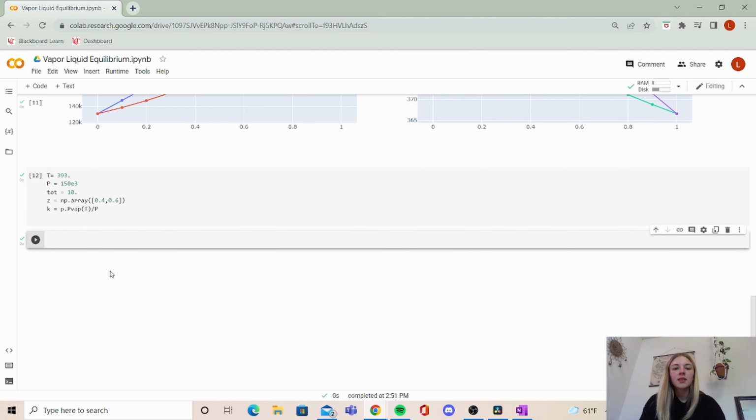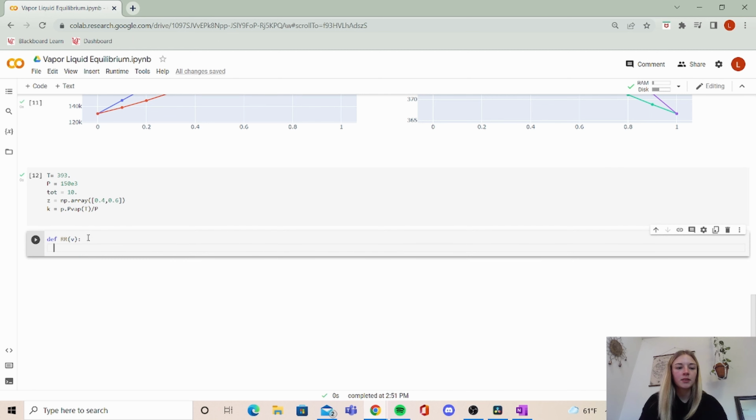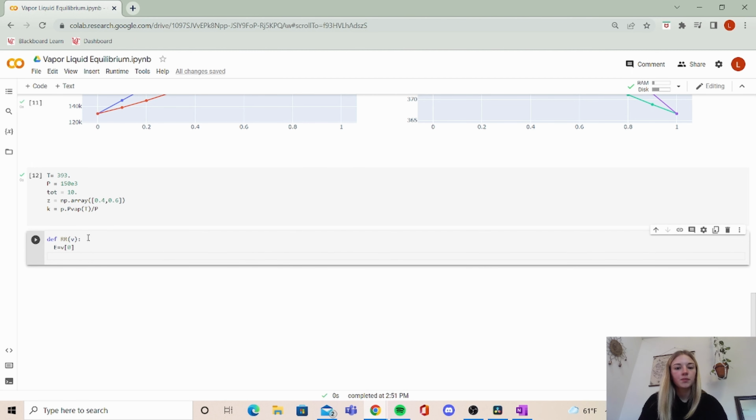Okay, so let's start off by making a function for our root solver. So we'll call this RR for Rashford-Rice and some vector in there. And then we need a variable to substitute in here for our vector. We'll use E, and that'll be 0.